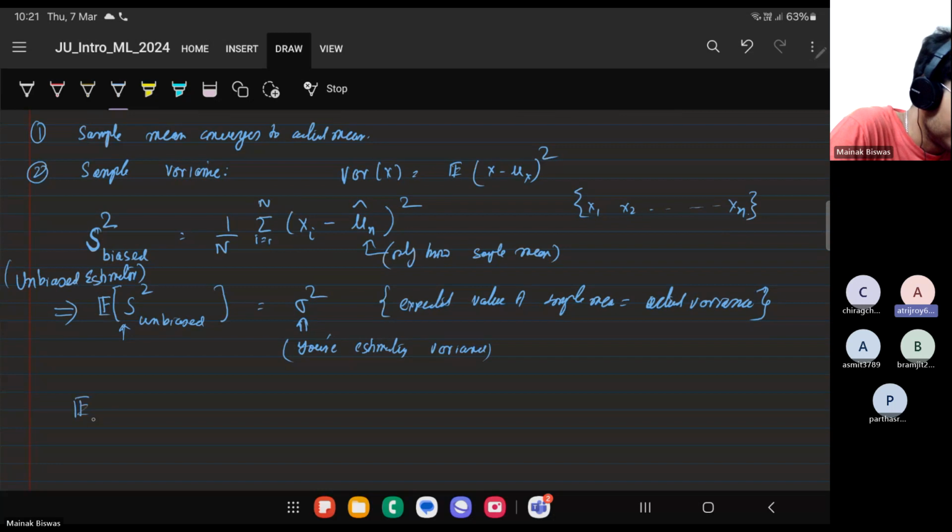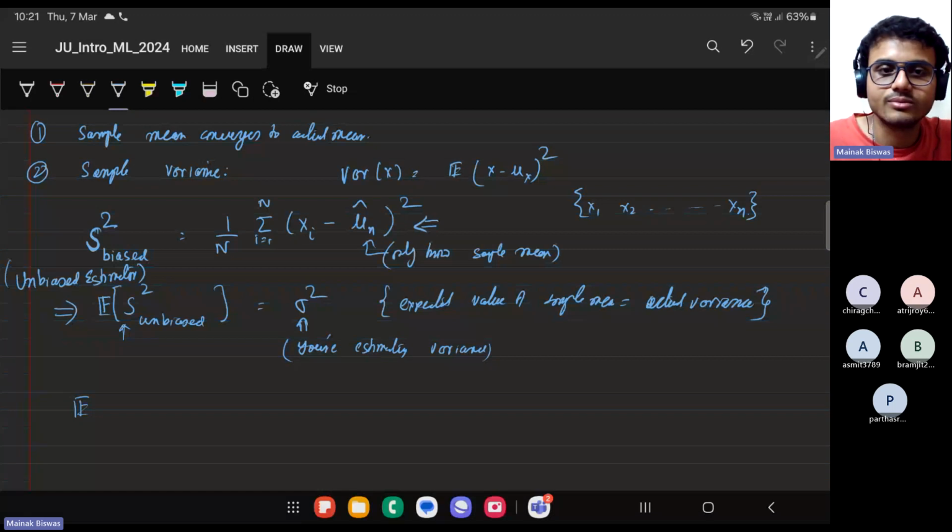Sorry to interrupt. What is the quantity S? Yes, I have defined it, it's the sample variance. The variance formula is the expected value of (X minus mu) whole square, but you took the summation.